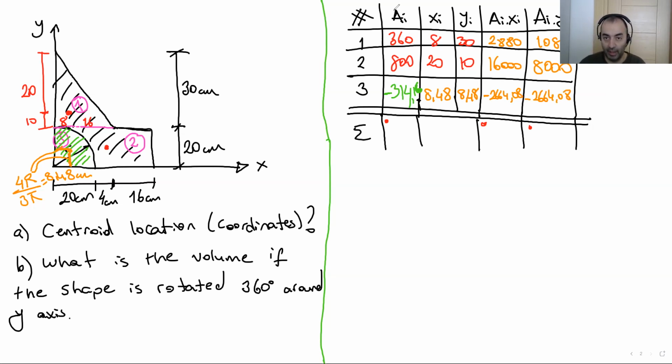Let's do the summation. We are going to sum all the areas here. Plus, minus.